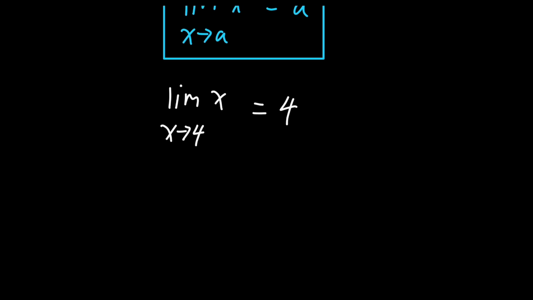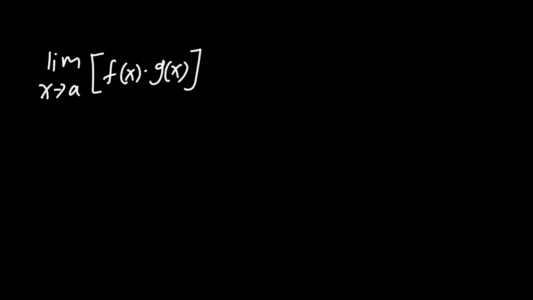Now, we're not done yet. We have to learn more about it, right? Let's say I first give you this limit rule: the limit as x approaches a of a square bracket. Inside the square bracket, there are two functions and they multiply each other.